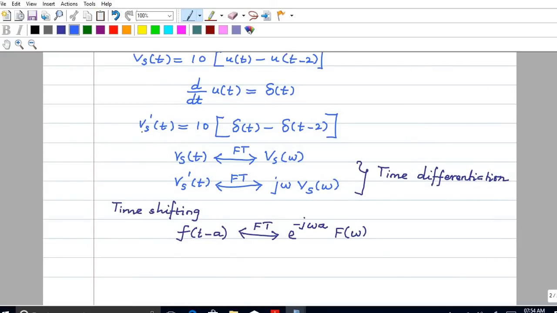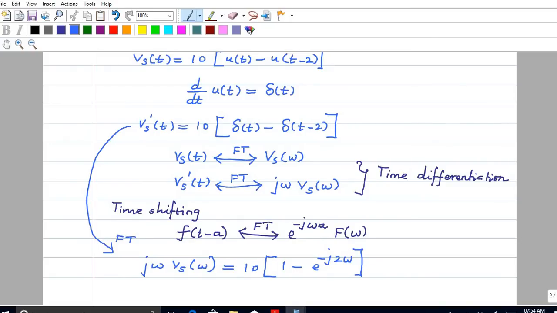So when I apply the Fourier transform to this equation, we know that the left hand side is j omega times Vs of omega. On the right hand side, for delta t, the Fourier transform is 1. For delta t minus 2, I will get e power minus j 2 omega, since instead of a, I have 2 here.